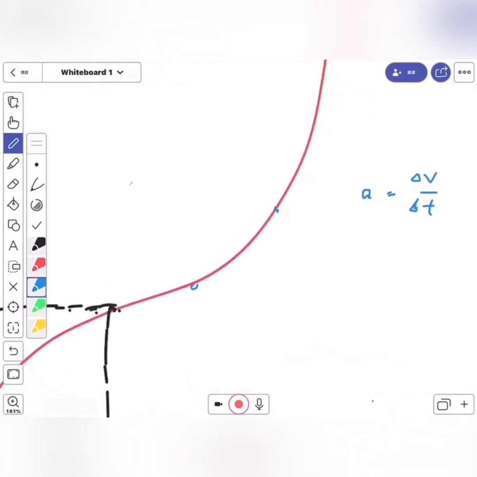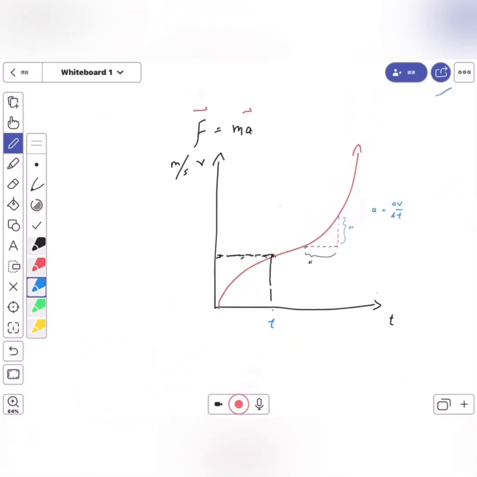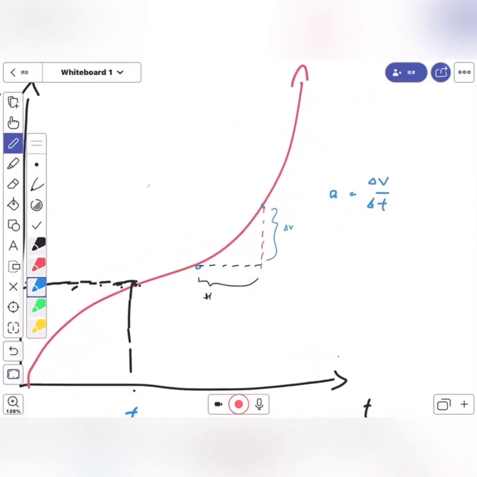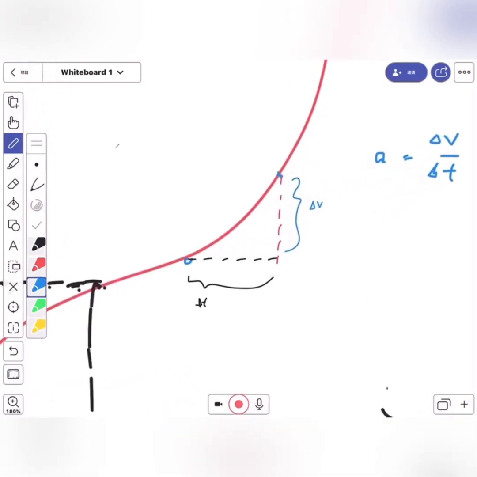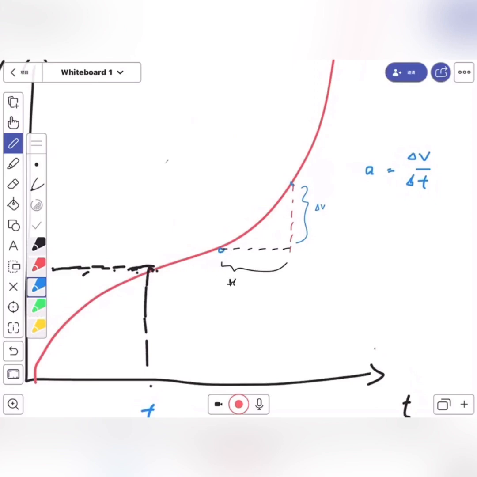So if we incorporate this in the graph, this part is the change in time, and this part is the change in velocity. If you learn calculus, this will be included in one of the episodes, since it's widely used to illustrate the idea of a derivative.